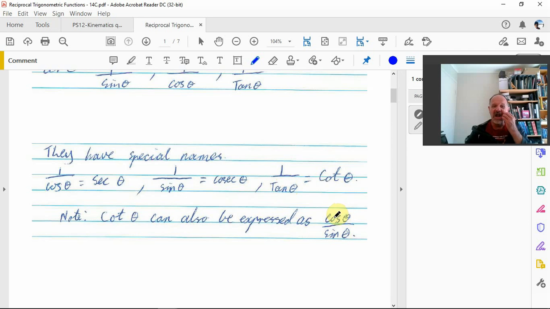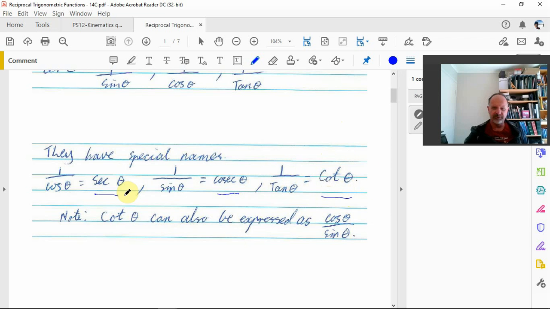All right, so for reciprocal circular functions, these three names are used. If you see some -1 power or that kind of stuff, that means something else for circular functions, which we haven't got to yet. But when you do, you need to think, okay, it's not related to this stuff.